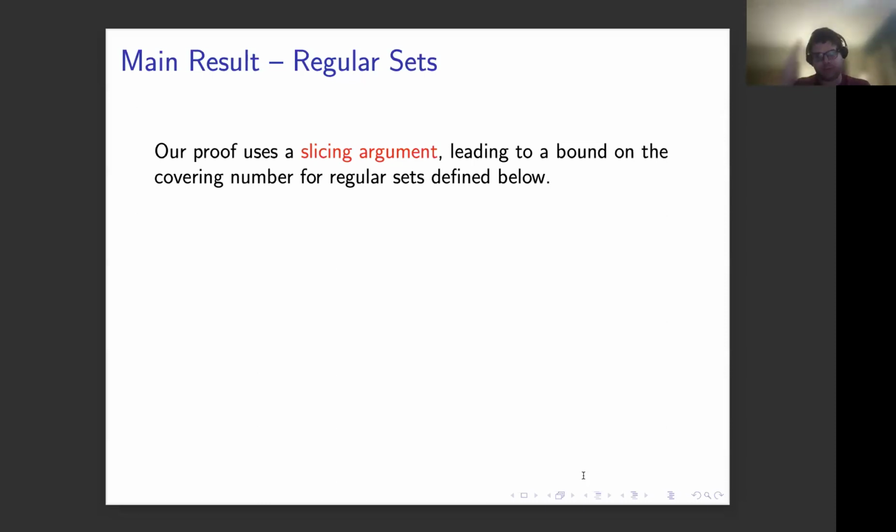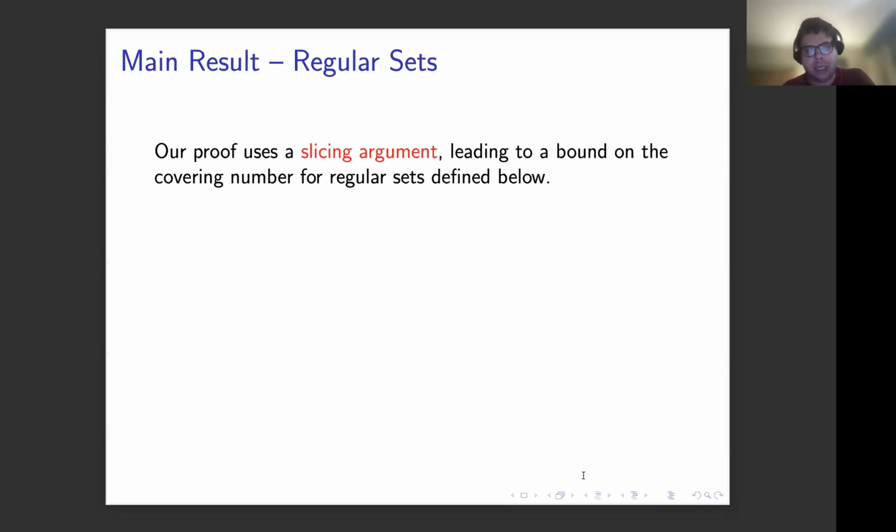So we're going to intersect our set V with a bunch of linear subspaces, and in the intersection, the intrinsic dimension will be one less, and then we'll slice again, and so on. Okay, so in fact, this argument leads to an upper bound on covering numbers for a larger class of sets than just the algebraically defined ones.